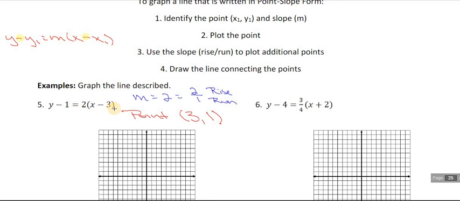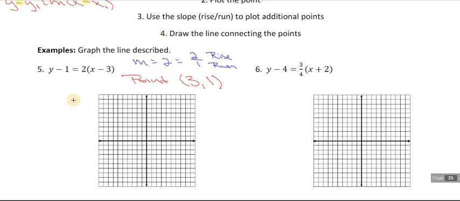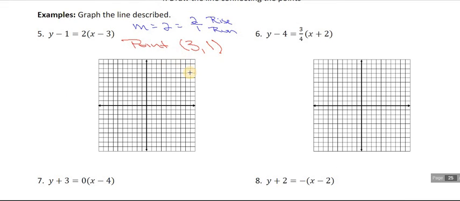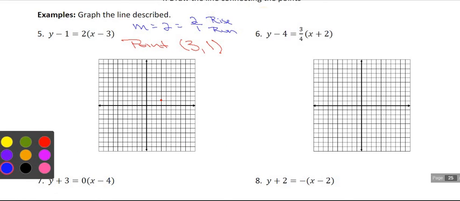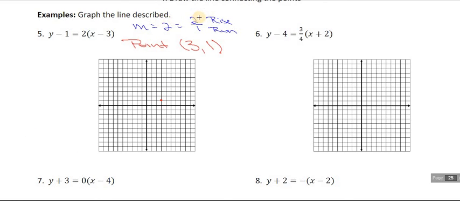Okay, so we just pulled out the point and we pulled out the slope from this equation, and now we're going to start by plotting the point. So we're going to go to 3, 1. So right 1, 2, 3, up 1. And now we're going to use our slope of positive 2 over 1 to plot additional points.